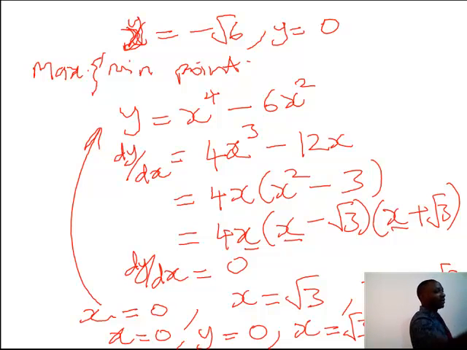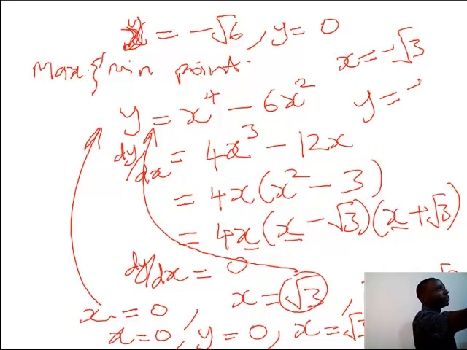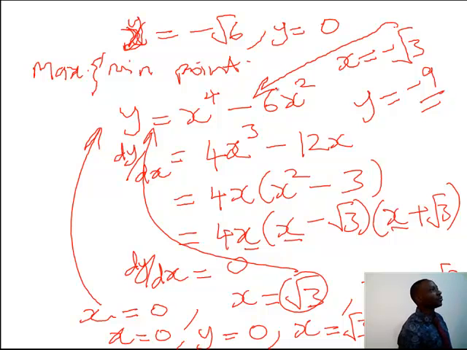And when you substitute the value of root 3 into this expression of y, you are going to get minus 9. Finally, when our x equals minus square root of 3, our y is going to be minus 9 also. You substitute the value of minus square root of 3 into y, then you find the value of y.